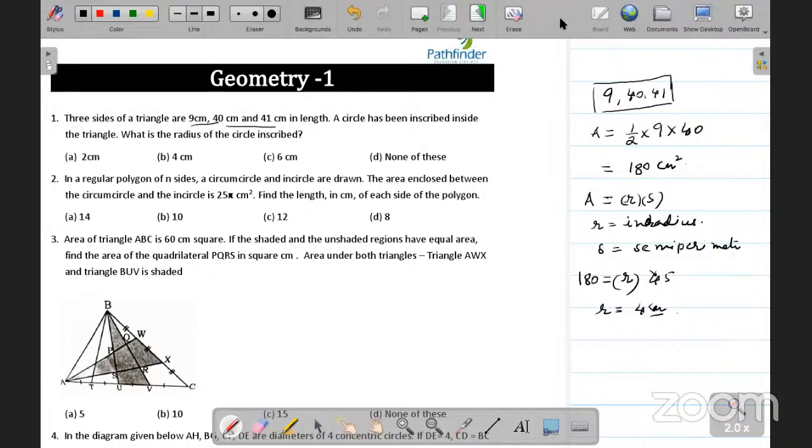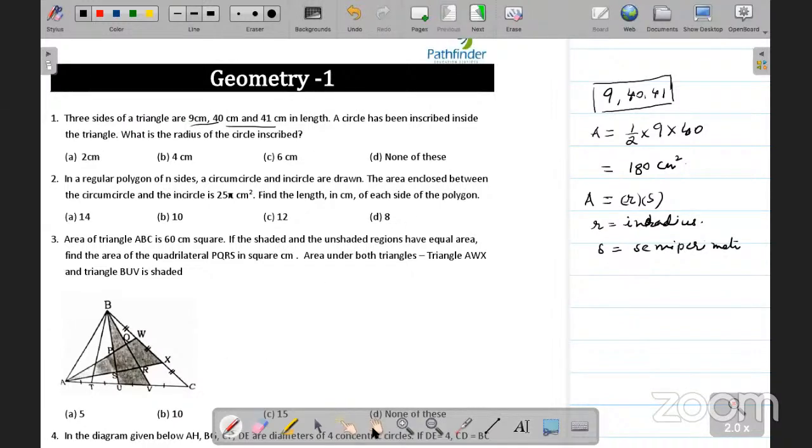Yes, sir. Okay. Go to question number 3. Sir, first, from where this 45 came? Semi-perimeter is A plus B plus C by 2. So what is the value of A, B, C? A, B, C is 9, 40, 41.